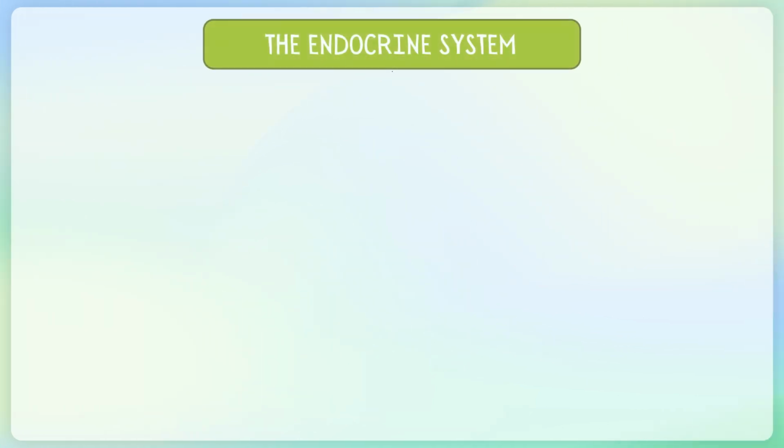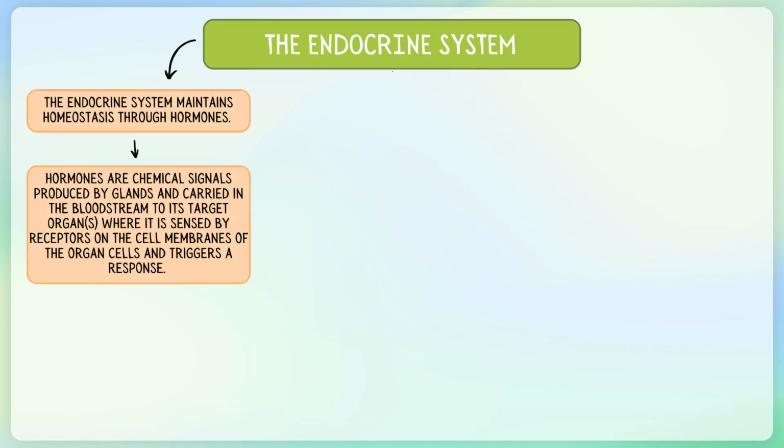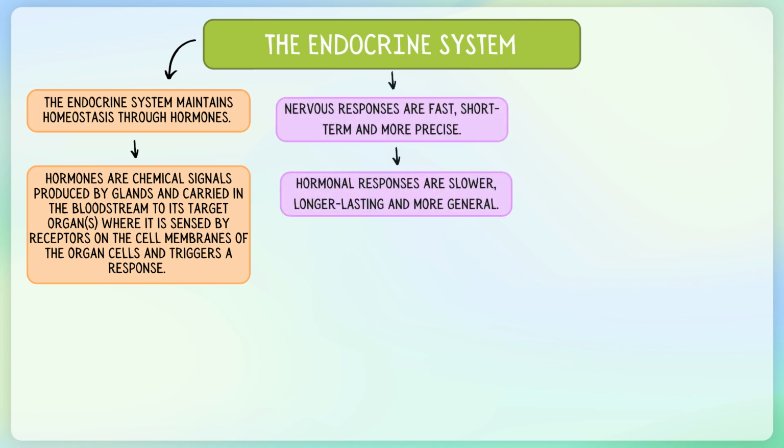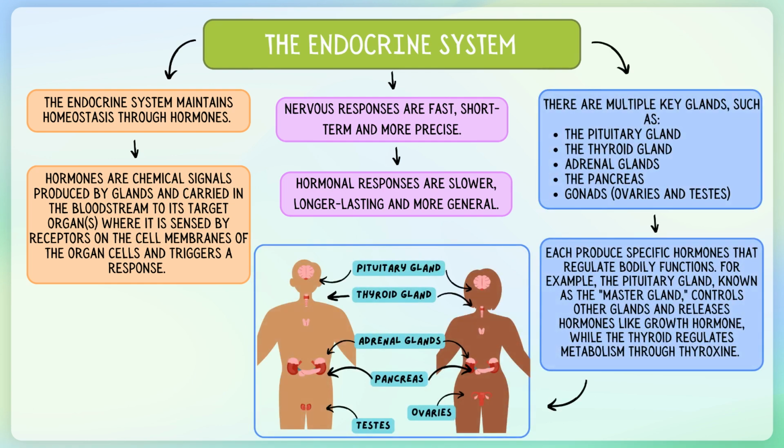In today's lesson, we explored the endocrine system, which maintains homeostasis through hormones, chemical signals produced by glands and carried in the bloodstream. Unlike the nervous system's rapid electrical impulses, the endocrine system's responses are slower but longer lasting. We identified key glands, including the pituitary, thyroid, adrenal glands, pancreas, and gonads, each producing specific hormones that regulate bodily functions.